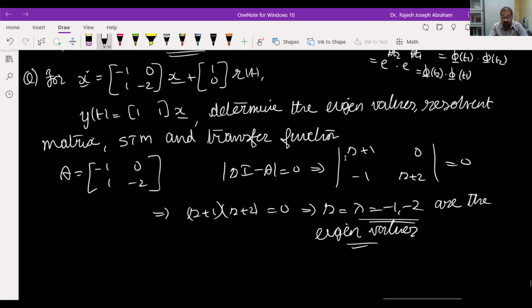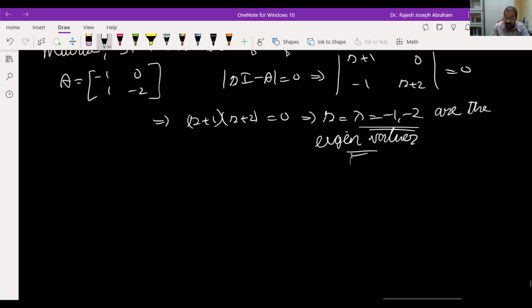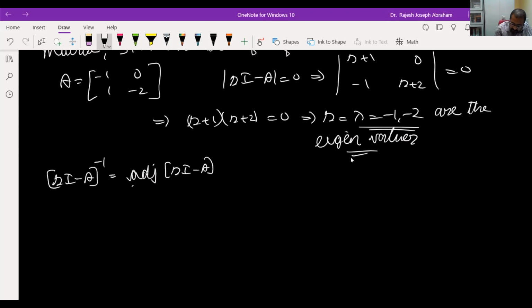Now what next? Resolvent matrix. What is the resolvent matrix? (sI minus A) inverse. How will you find that? Adjoint divided by determinant. Okay, adjoint of (sI minus A) divided by determinant. The determinant we have already found here. It is (s plus 1) into (s plus 2).